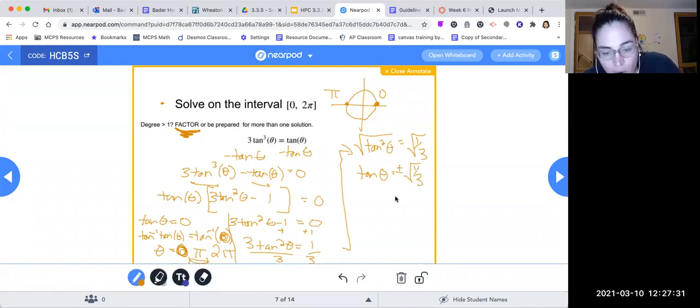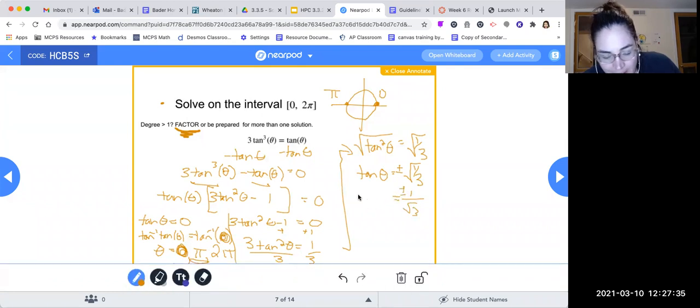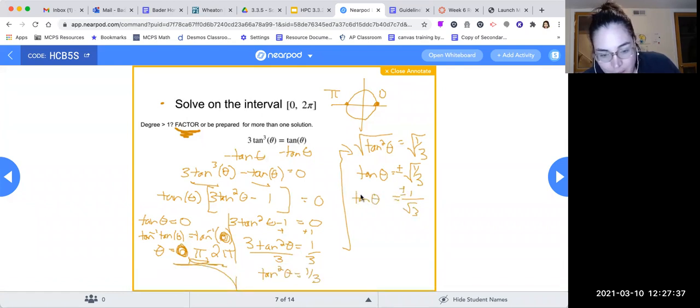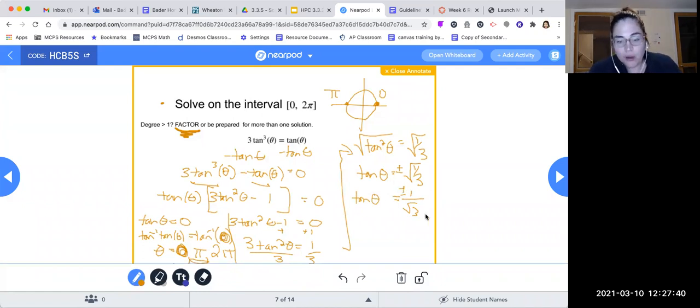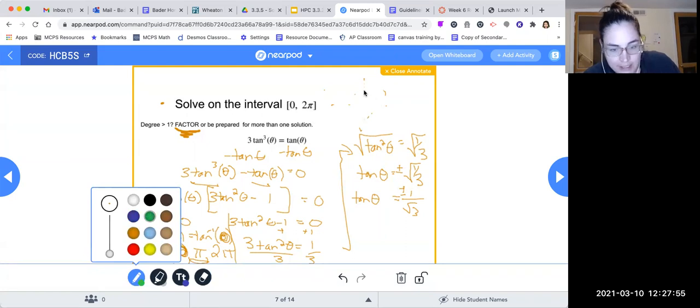Well, 1 over root 3 is a tangent that we have seen before, right? We know that there are a couple of places on the unit circle where I have a tangent of 1 over root 3, or root 3 over 3 if you're rationalizing the denominator. So let's just sketch this out.